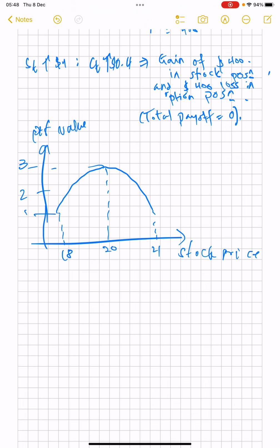So that's a graph of portfolio value and stock price. When stock price is 20, the investor will use only delta as a risk measure, considering that the portfolio has no risk. Okay, if it goes to 18 or 21, we'll have to use different delta hedging.